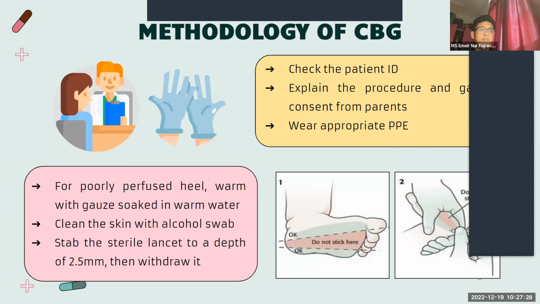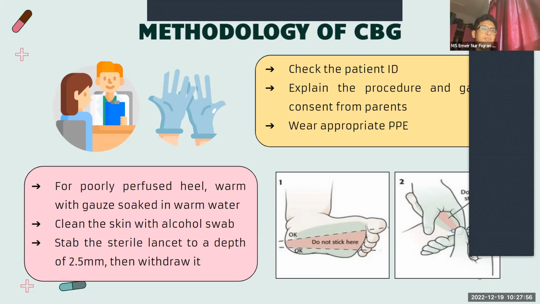So the methodology of capillary blood gas sampling. Firstly, you must identify the patient. Next, explain the procedure to the parents and gain their consent. We must wear appropriate PPE. I forgot to mention in the equipment, you must also have non-sterile gloves for personal protection.